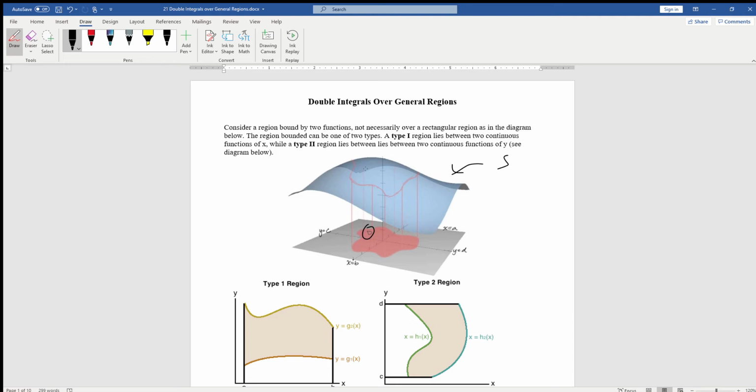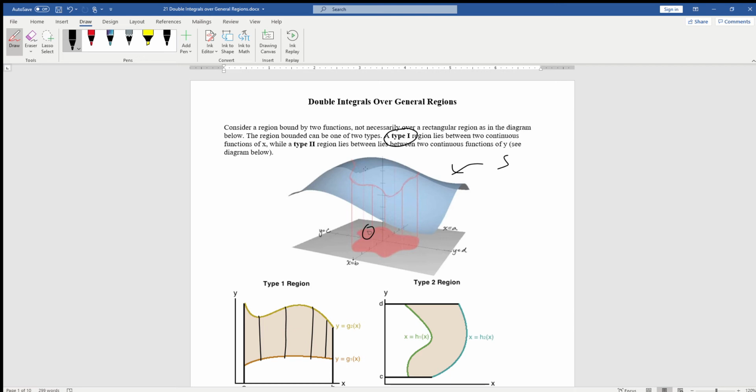Now, before we can do that, no matter what the regions are defined by in X and Y, we have to determine these things called type 1 and type 2 regions. Type 1 is where, if you graph the area in the XY plane, you can draw a vertical line and it passes the vertical line test between the two functions or the two bounds.